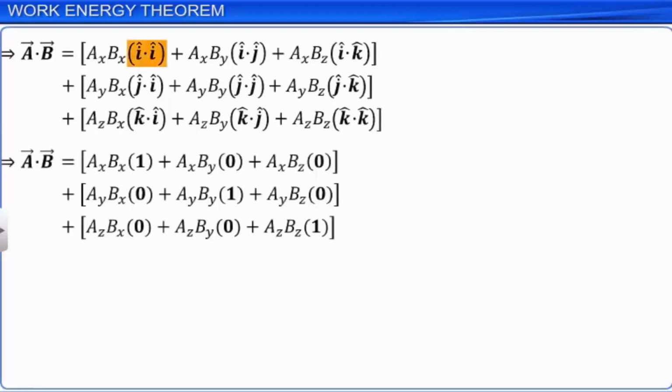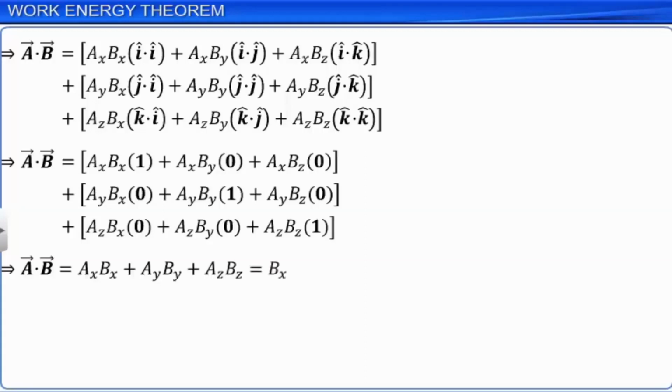Substituting the values of I dot I, J dot J and K dot K as 1 and the values of I dot J, I dot K, J dot I, J dot K, K dot I and K dot J as 0, and simplifying, we get A dot B is equal to AX BX plus AY BY plus AZ BZ.